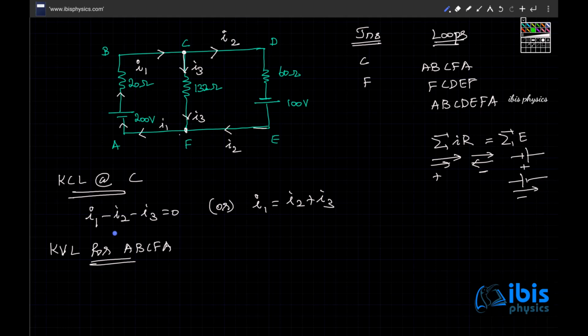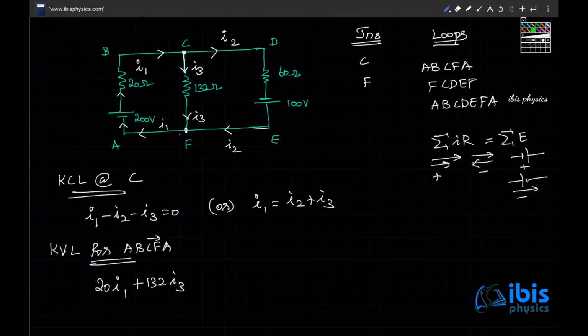So first look at A, B, C, F, A. A to B, the current I1 goes through 20, and the current is also from A to B, as we are going, so it is 20 times I1. B to C, no resistor. C to F, the current I3 is also from C to F, so it is plus 132 I3.